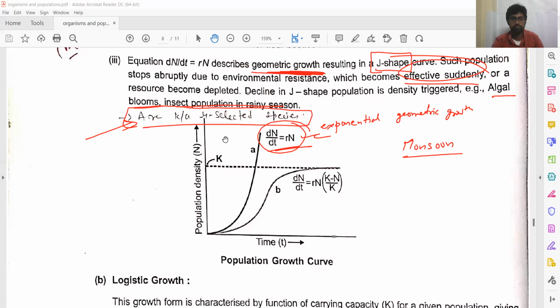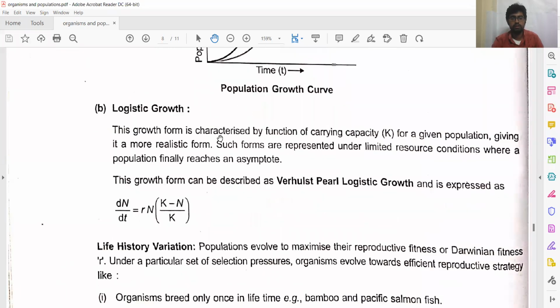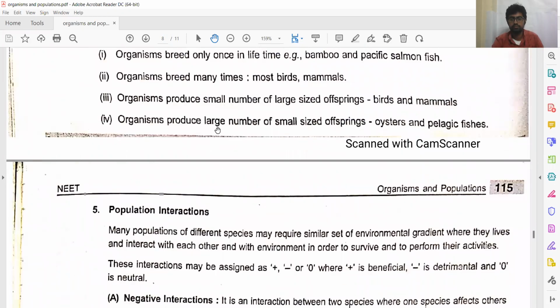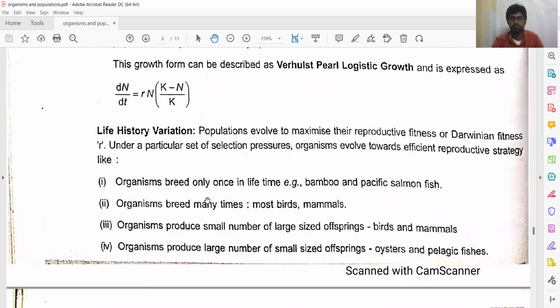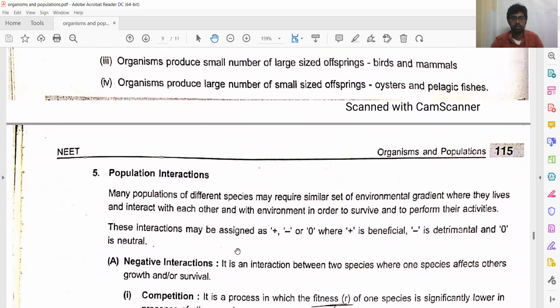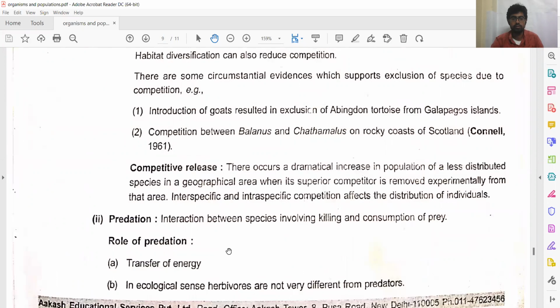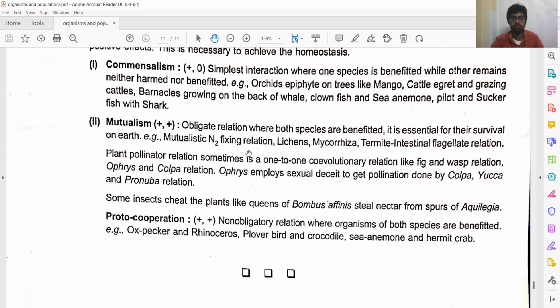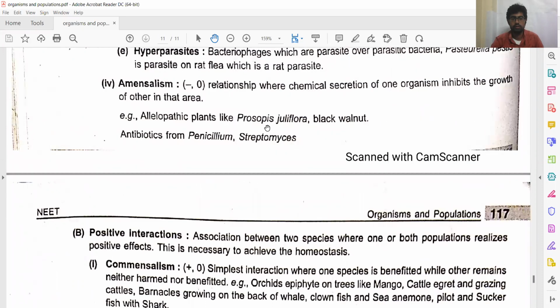Now again, logistic growth. Okay, so one more class will be enough for it. These may look larger, but it is a smaller part.